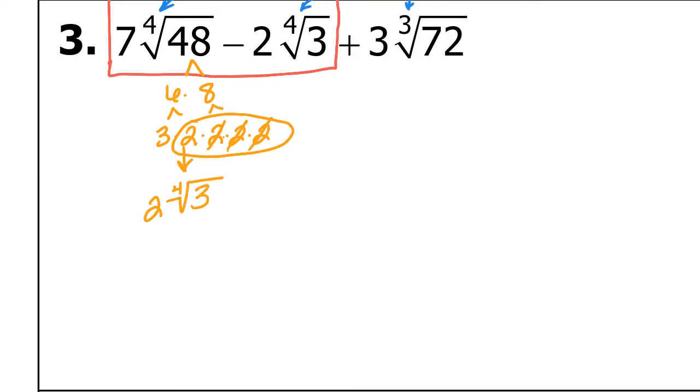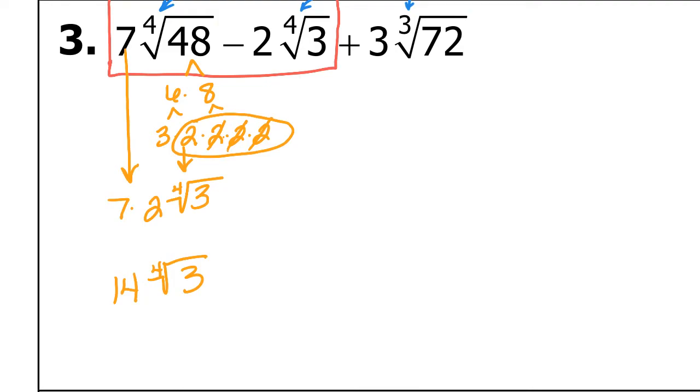So I write a 4th root of 3. Now I don't want to forget about the 7 that was already in front. So 7 times 2 4th roots of 3 gives me 14, the 4th root of 3.